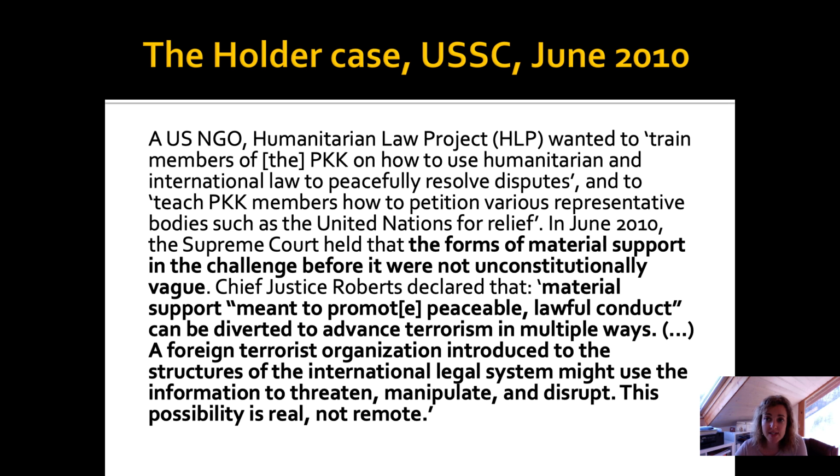The Holder case in the US, decided at the US Supreme Court in June 2010, really set, let's say, the large definition of what is material support.